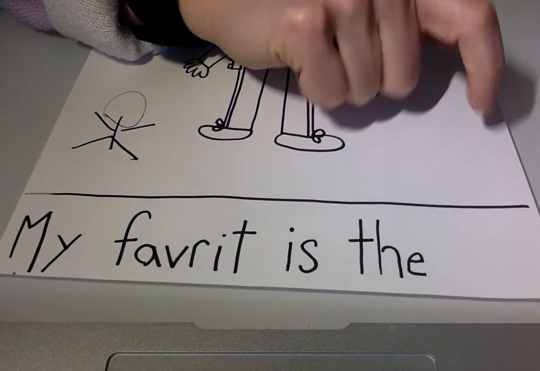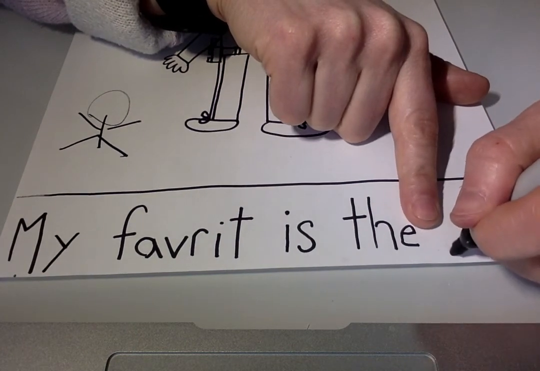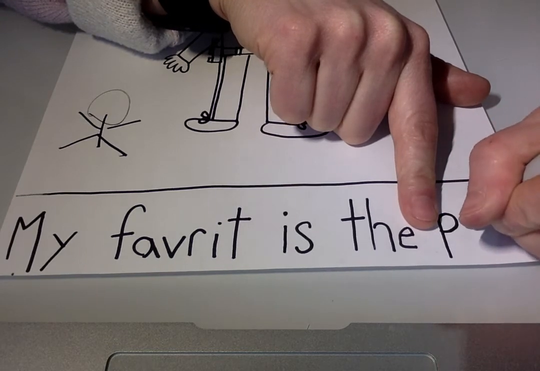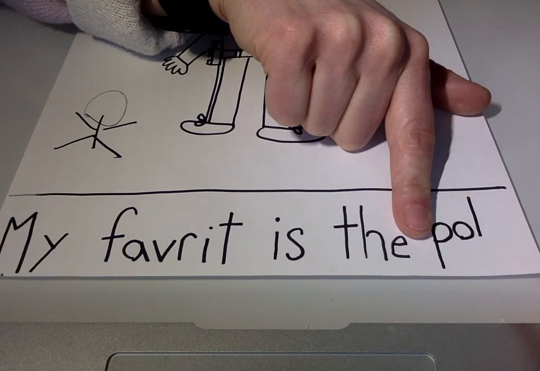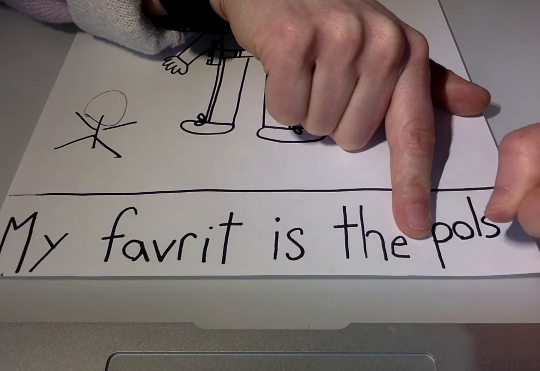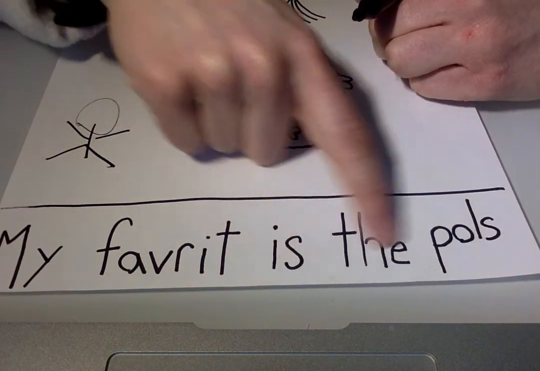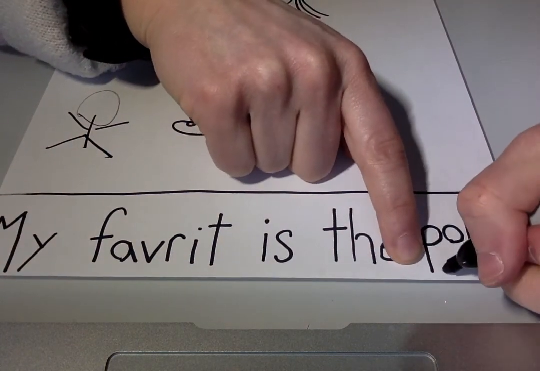Same word or new word? New word. I'm going to make a finger space. Police. It's the letter P, O, L, police, S, police officer. I don't have any room left in my line, and I wrote my letters kind of big. I'm going to try and squeeze it in under here.